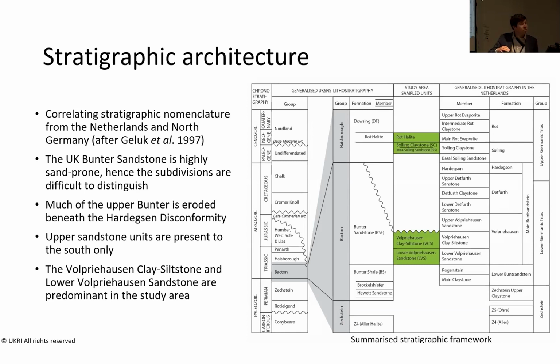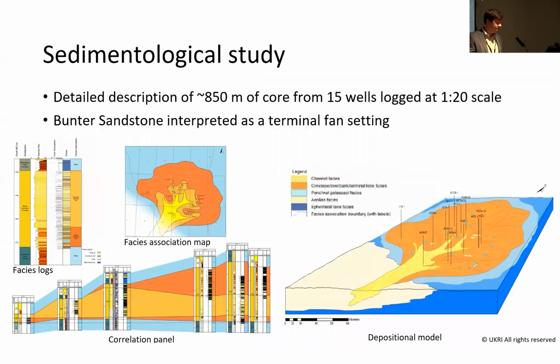They're only present in the southern extent of the UK sector. So what we're actually looking at here is these lower units, the Volpriehausen clay siltstone and Volpriehausen sandstone units. So that's useful information that isn't particularly represented in the formal stratigraphy to date.